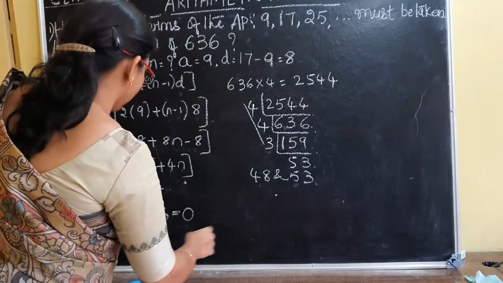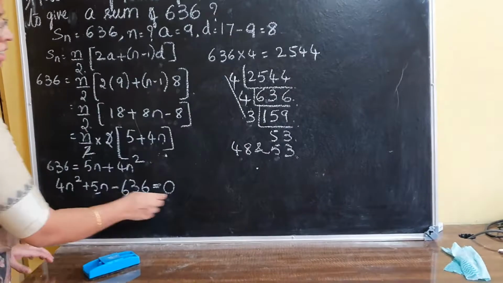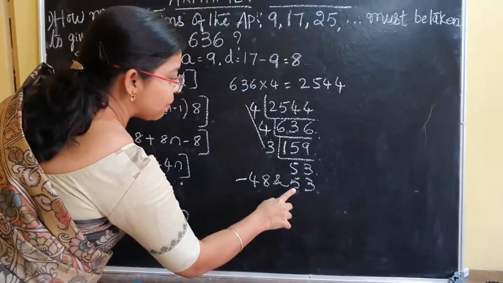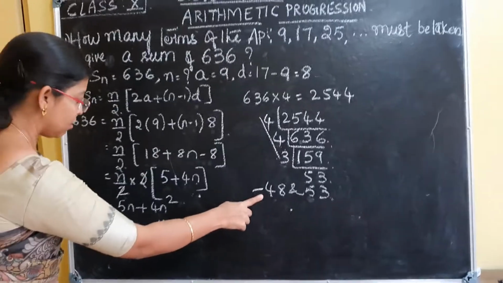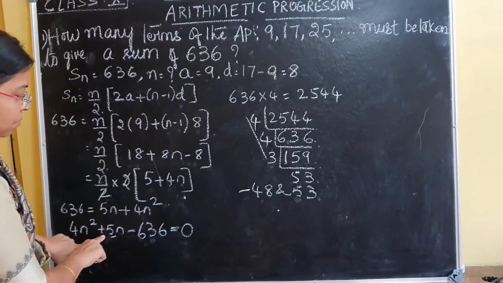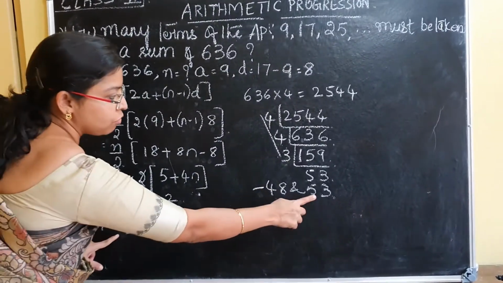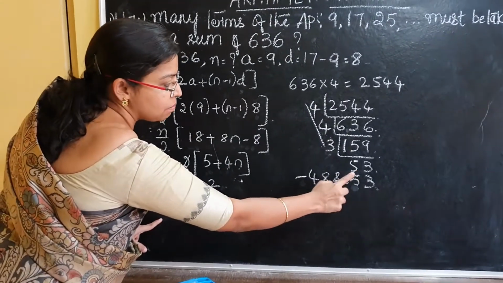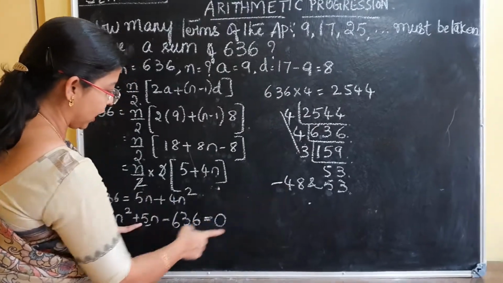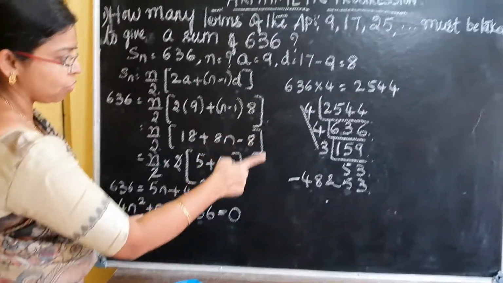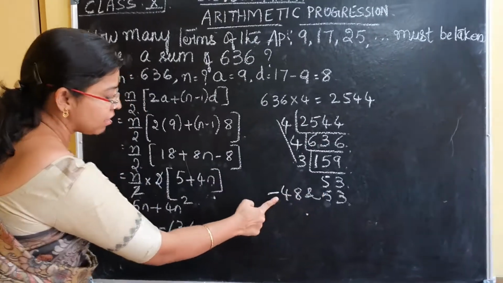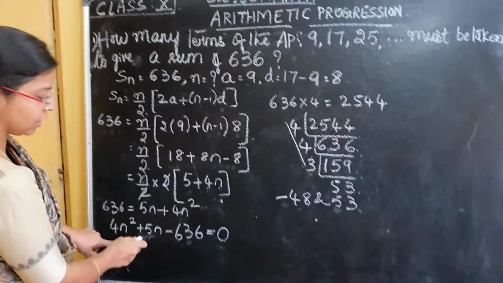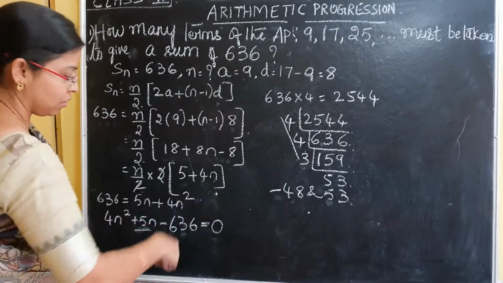Therefore the numbers are going to be plus 53 and minus 48, because the middle term is positive, therefore the greater value should have a plus sign. Plus 53 into minus 48 gives you 2544, and plus 53 and minus 48 gives you plus 5.